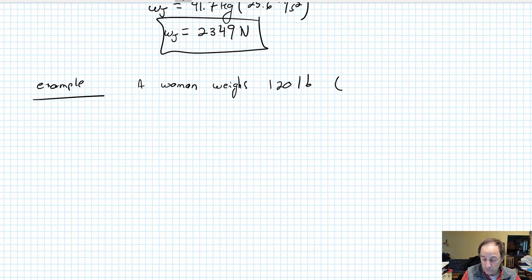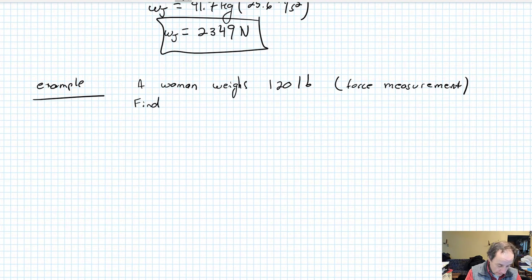Now, pound is a force measurement. Okay. Find her weight in newtons and mass in kilograms.